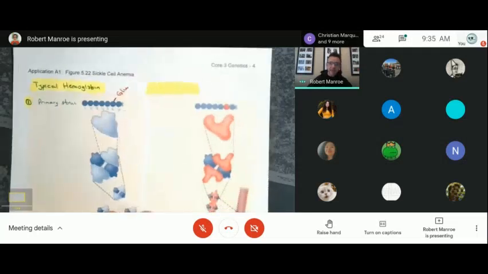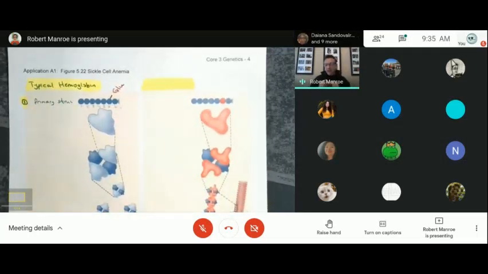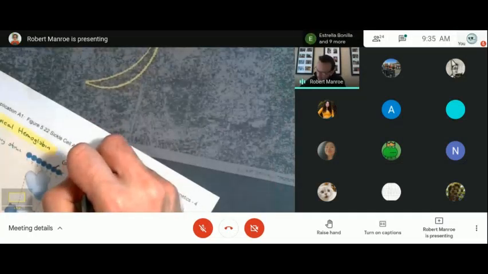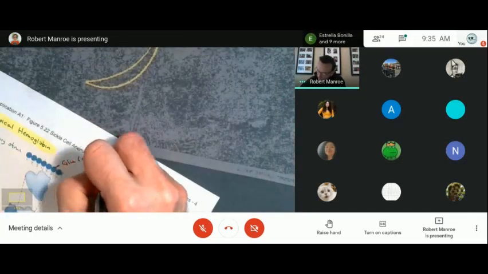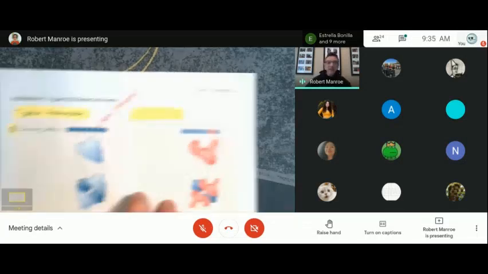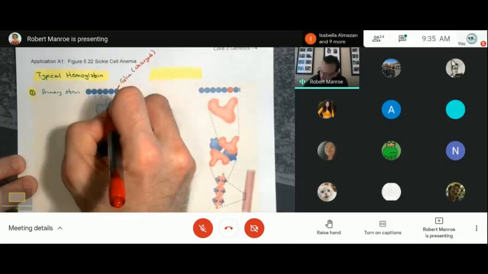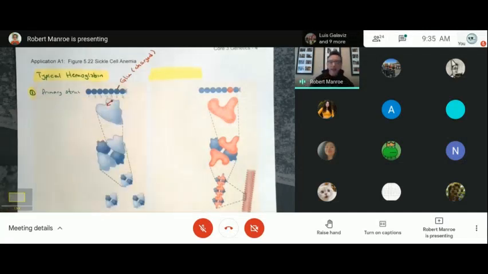Okay, so this amino acid right there, number 6, is usually glutamic acid. And glutamic acid is charged. It's polar. And that's important, because number 6, the amino acid, sits right here and is attracted to that area of the protein.